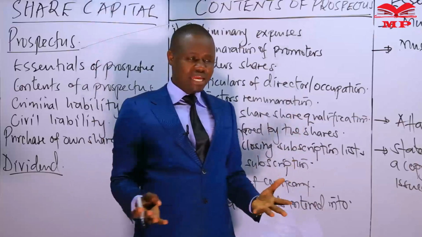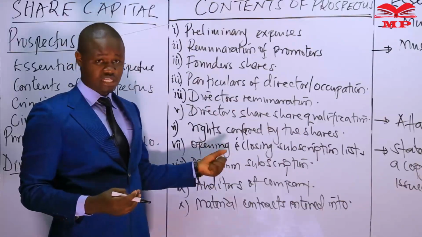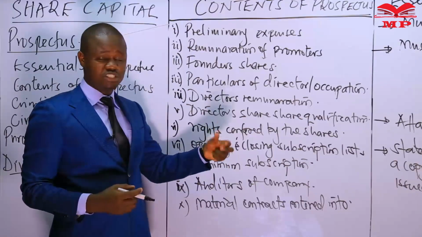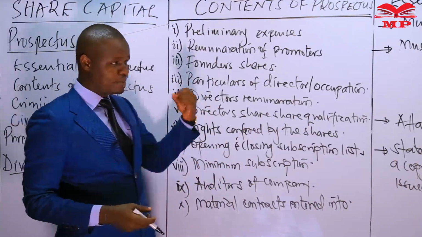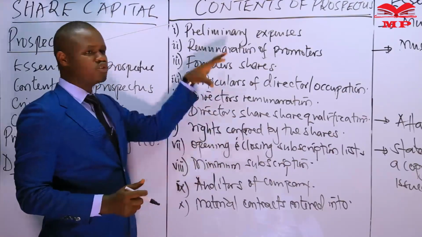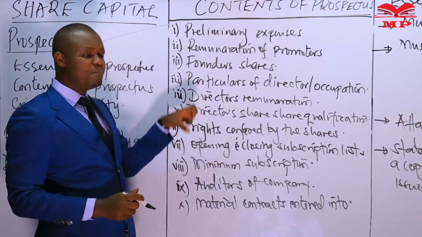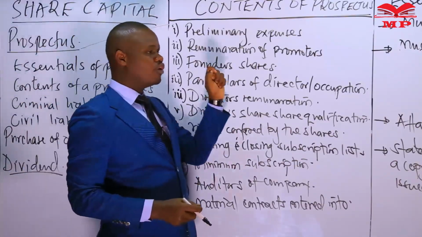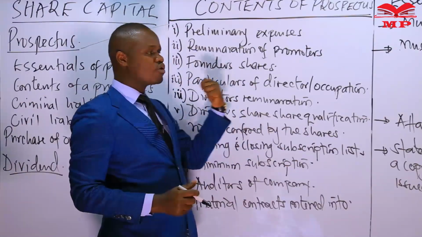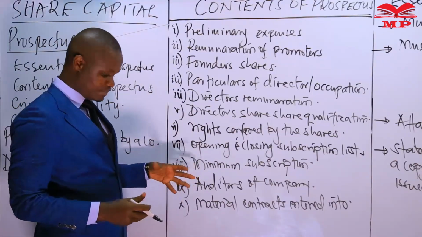Have you entered into any material contracts that you think should be disclosed in this prospectus, that we should consider when investing, when purchasing the securities of this company? Basically, it is information good enough to enable a potential investor to base their decision on whether they are subscribing or not subscribing for the shares of this company.